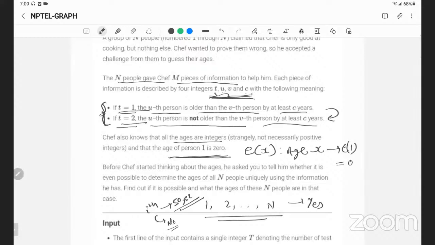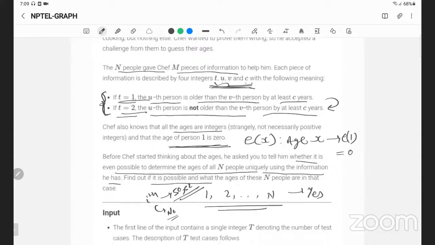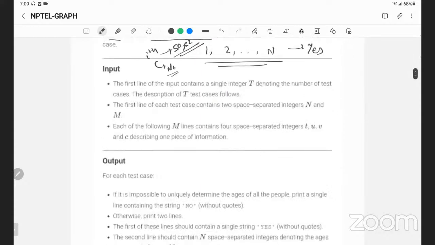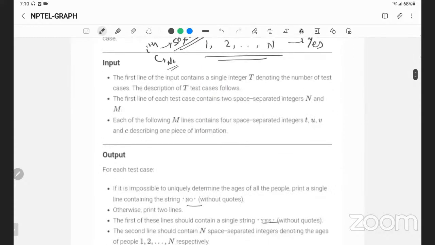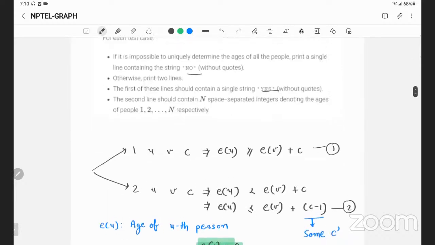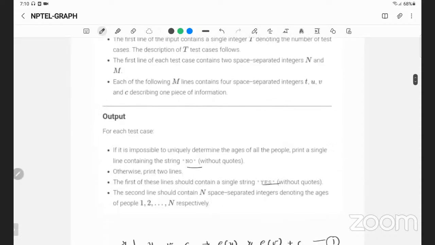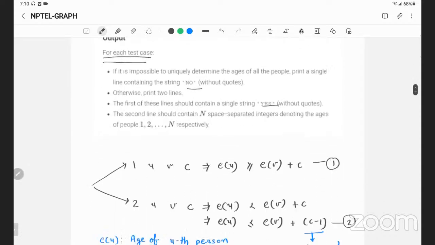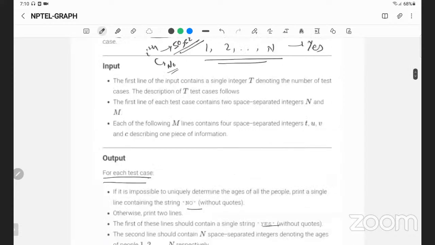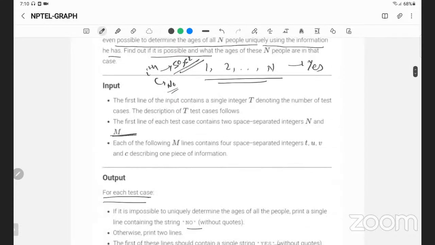So we see whether it is even possible to determine the ages of all n persons uniquely using the information here. If it is possible, then we output yes, otherwise we output no. We are also given t test cases, and for each test case there will be m queries, and each query, as we have seen, will be in the form of t, u, v, and c.